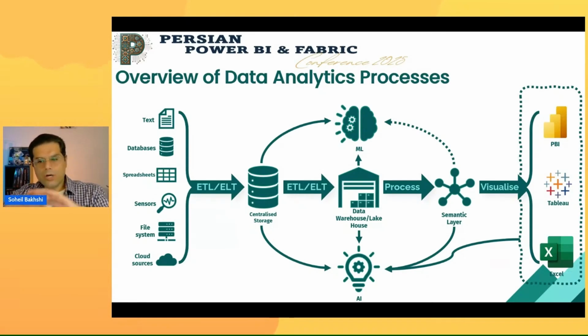So the entire thing, if you think about it, is a data and analytics platform with a lot of processes in between. But remember, I'm just again touching on the velocity side of things.